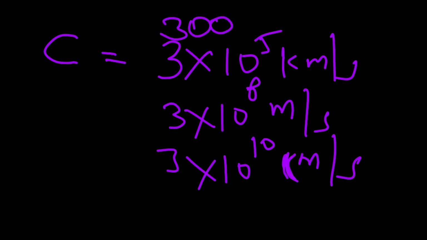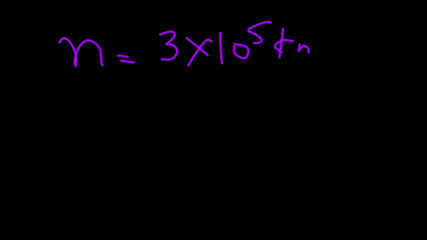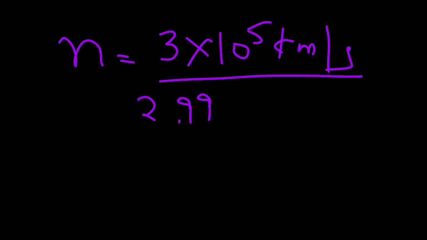Sometimes they ask 3 lakh kilometers per second. All these are the same, so you have to remember the value of the speed of light in vacuum. So n is equal to 3 into 10 power 5 kilometers per second divided by, if you consider air, 2.99 into 10 power 5 kilometers per second.